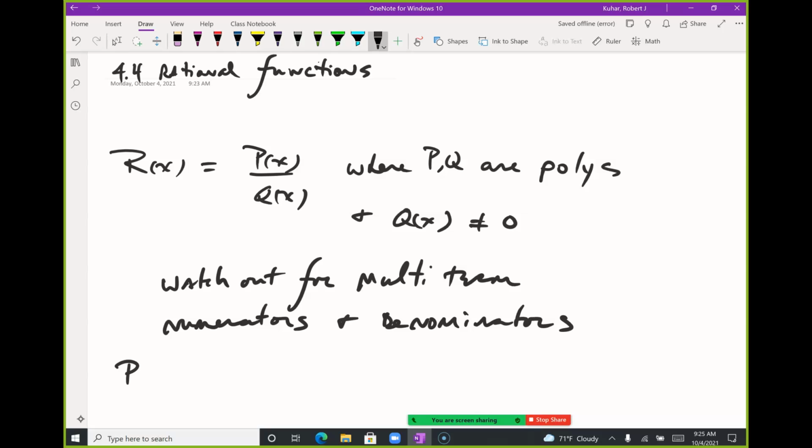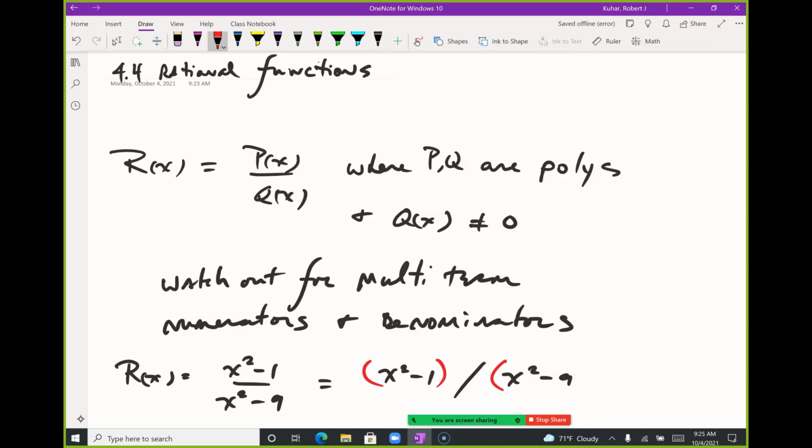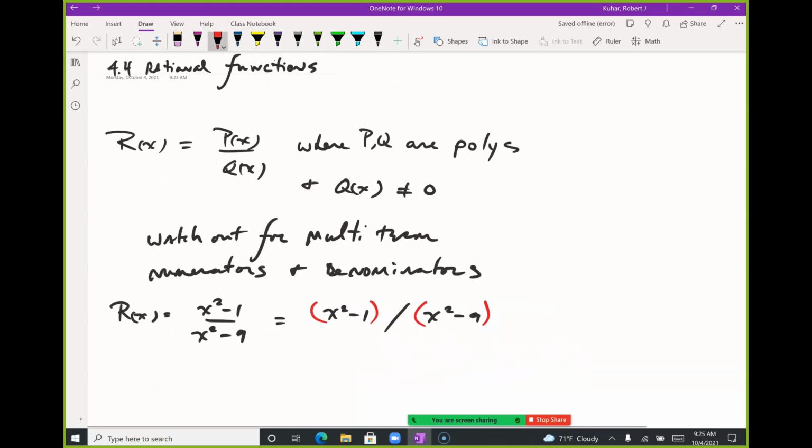For example, if R of x was something like x squared minus 1 over x squared minus 9, I would want to make sure that I'm wrapping these with parentheses. So I want to wrap the multi-term numerators and the multi-term denominators before I go to the calculator with my y1. So just be really careful about it.